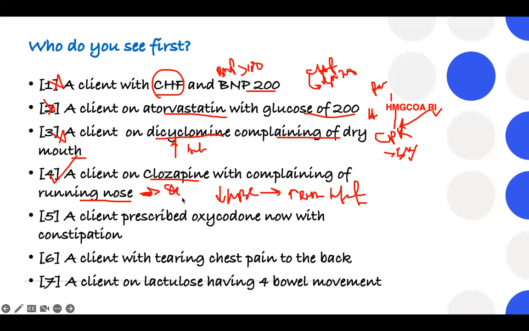This is sepsis. A client prescribed oxycodone now with constipation. What is oxycodone? It's an opiate. What are the major side effects of opiate? You have constipation, orthostatic hypotension, and respiratory depression.